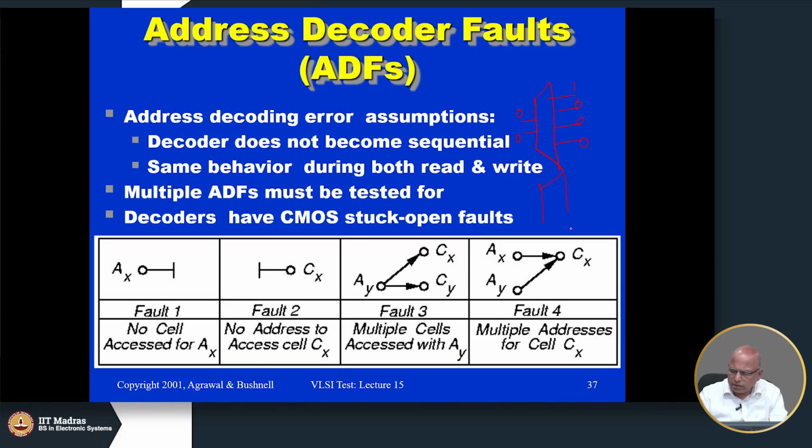If I select 0 1, it should give me 0 1 0 0. But because of some address decoder fault, I am getting a 0 here, I am getting a 0 here. So, that is what is happening here.